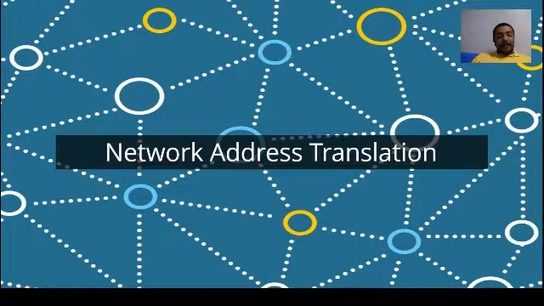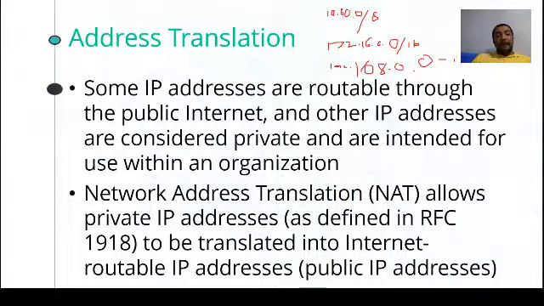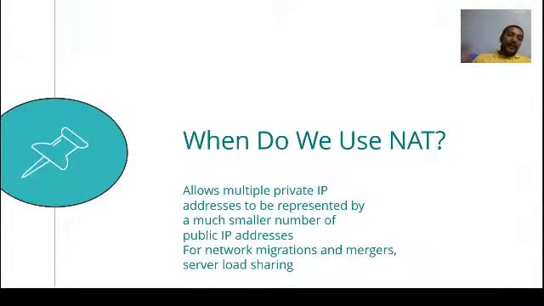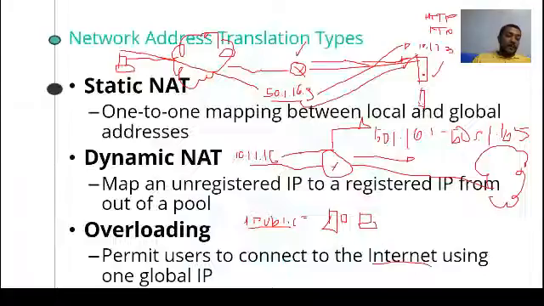So we talked about network address translation, okay? So, yung ibang network natin, if you want to reach them, okay, you may have to use NAT. So, kailan yun? So, multiple private IP addresses that we have, okay, represented by a smaller number of public addresses. Kung may migration, you could use NAT, mergers, and load sharing ng ating mga servers.